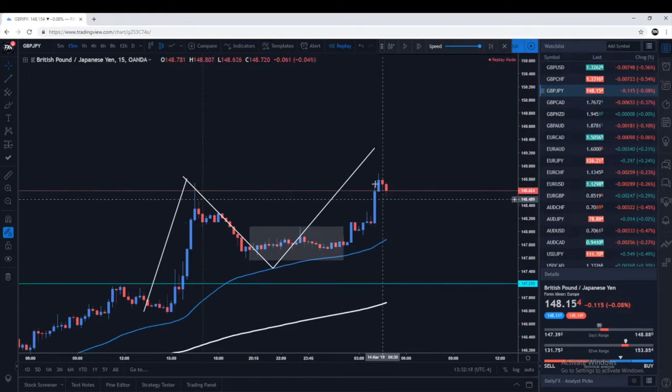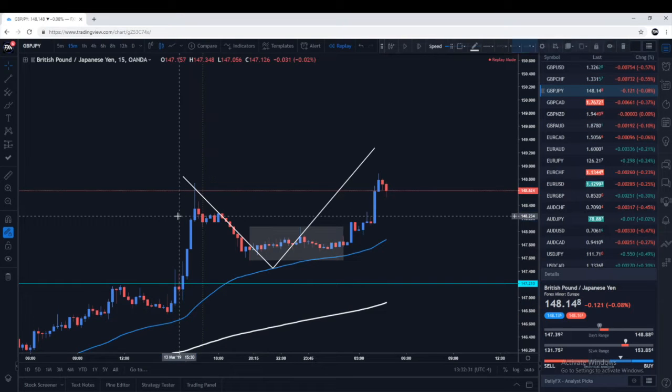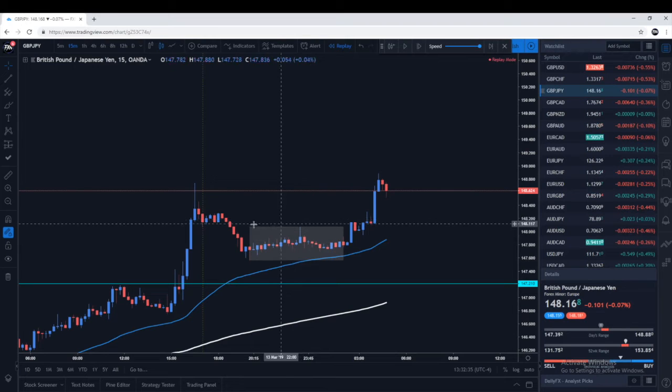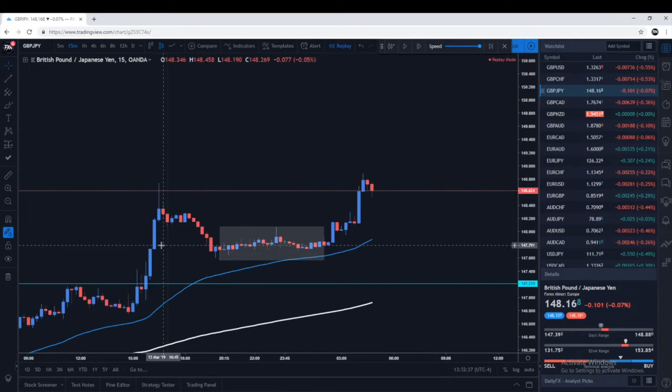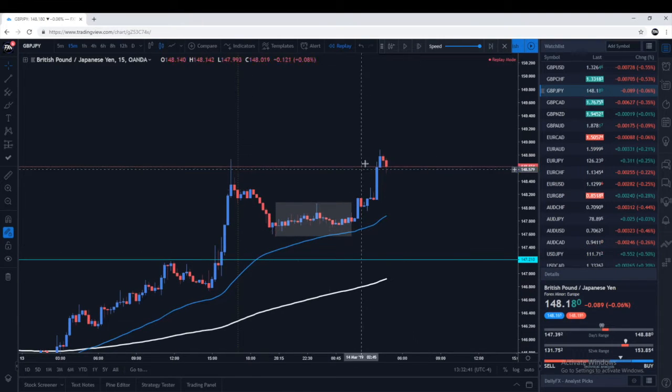They're expecting a continuation of the trend. But we as traders that trade along with market makers know better, and we know what they're doing. We know what their trap moves are.